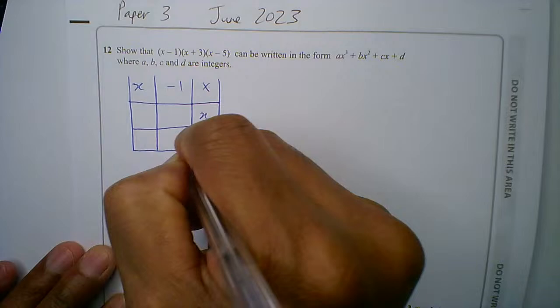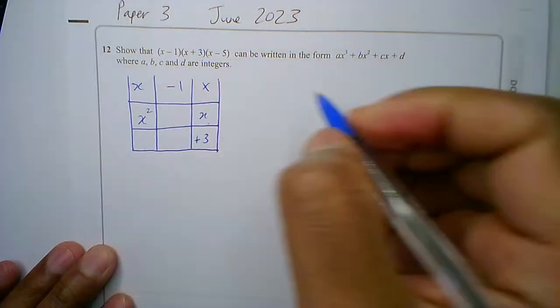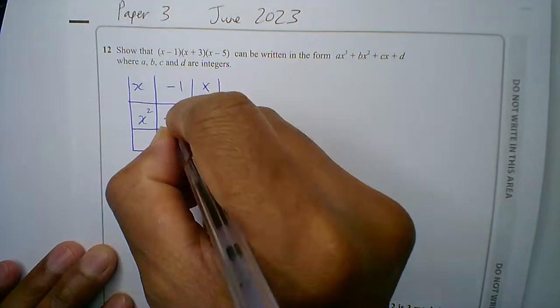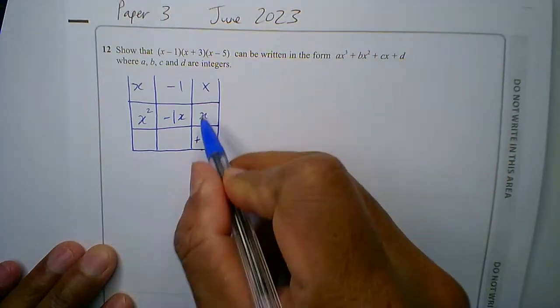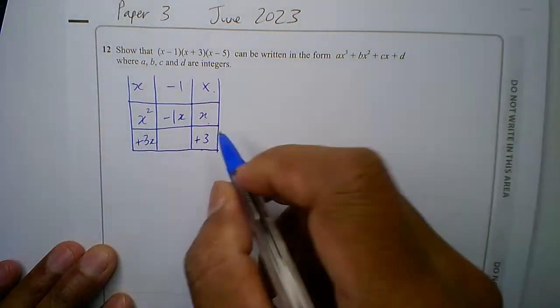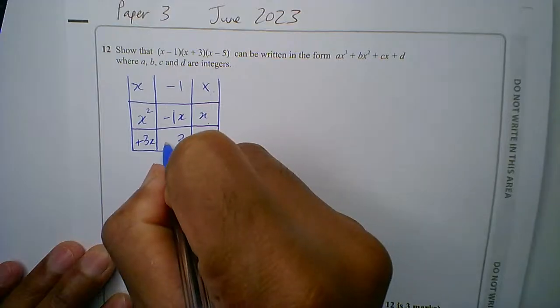So I've got that along there. X times x, x squared. X times minus 1 is minus 1x. 3 times x is 3x, so plus 3x. 3 times 1 is 3. Positive and a negative gives me a negative.